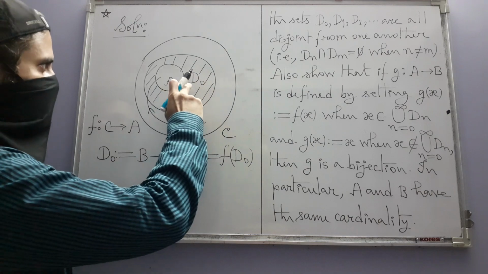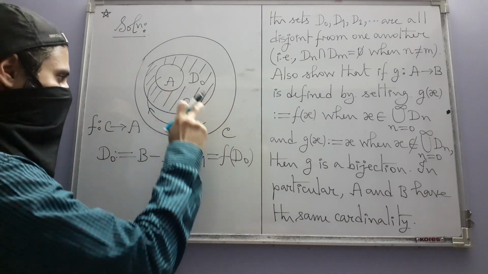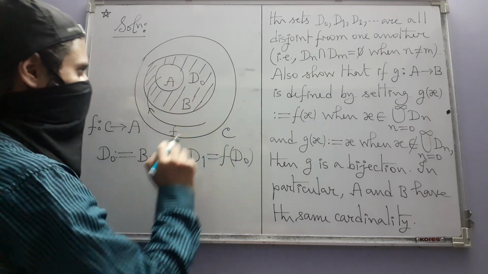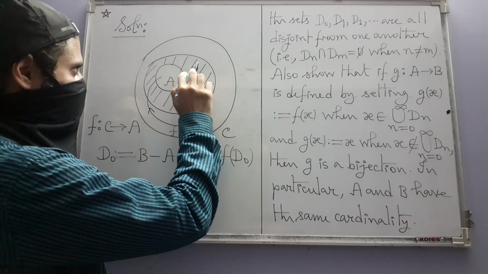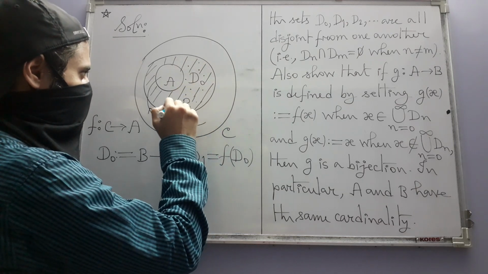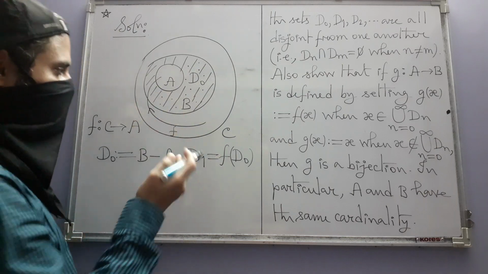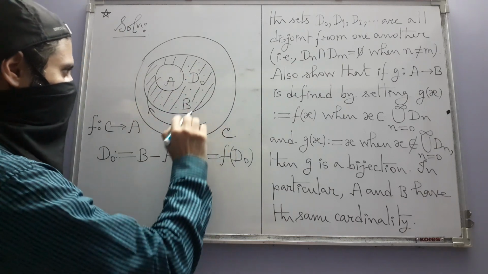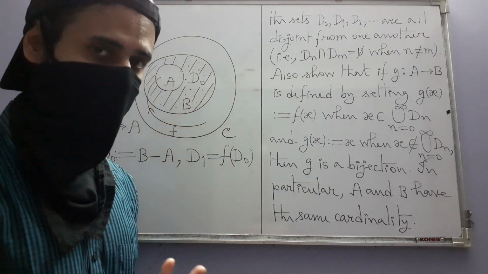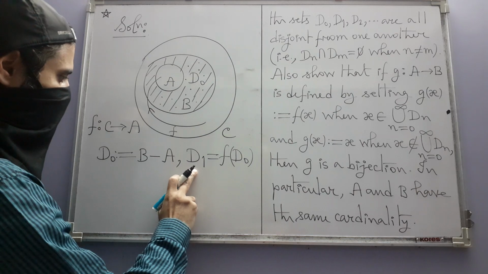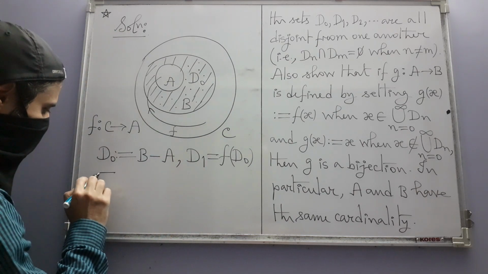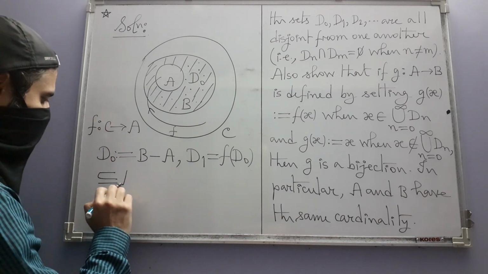So already I have said that any element you take from C, its F image is going to lie inside of A. So if in particular you are considering all the points here in D0, then after all, whatever these elements may be, they are after all in C. So all the F images of these elements are going to lie inside A. So that's why one thing that we can immediately say about D1 is that D1 is a subset of A.